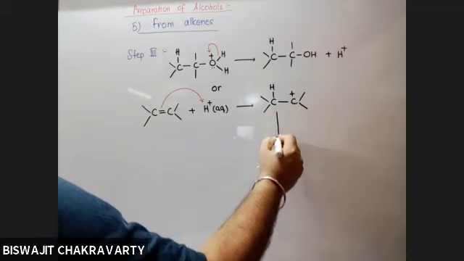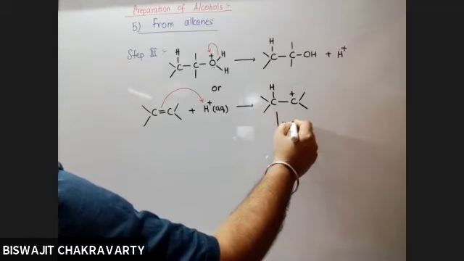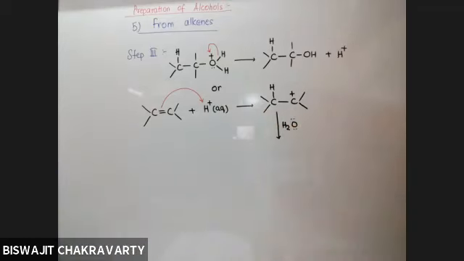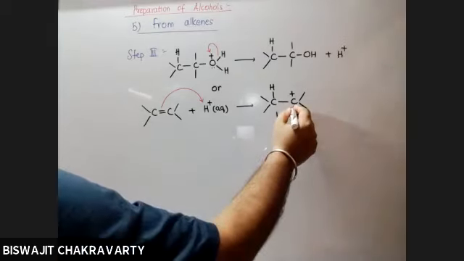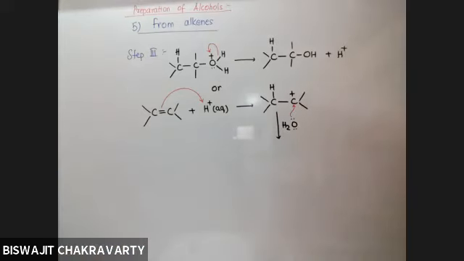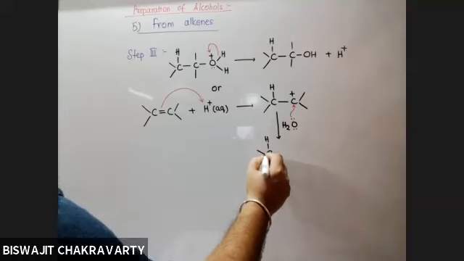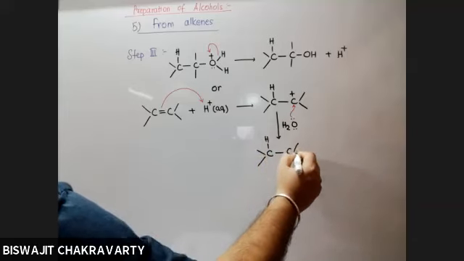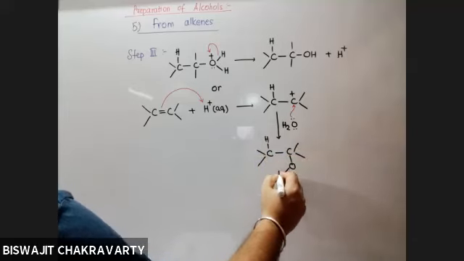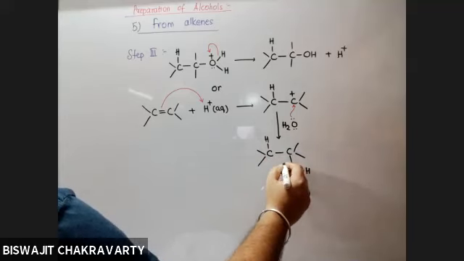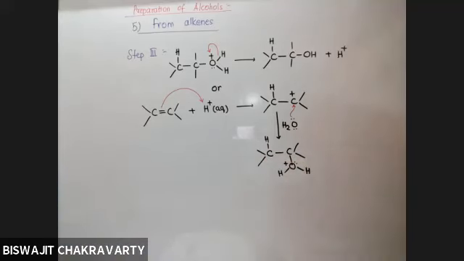In the next step, it is going to attack the water and oxygen will try to form a bond with it, resulting in the formation of an unstable species.